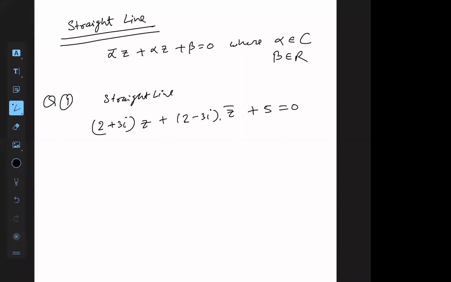This is the straight line. Find the slope and y-intercept of the line.